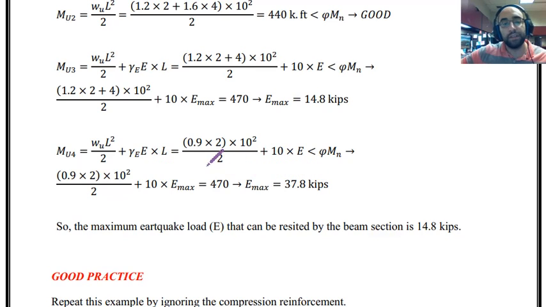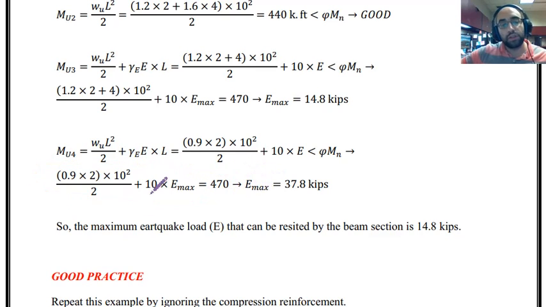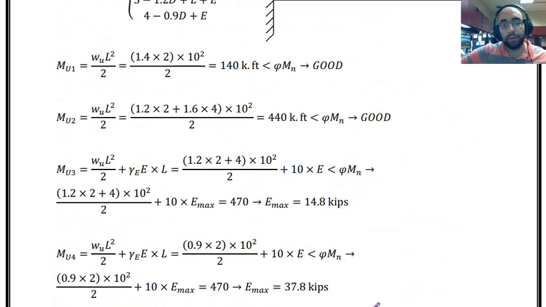And adding these two moments together, this will be the equation, and it should be equal to phi Mn to find the maximum earthquake load. Solving this equation, you can see based on this, maximum earthquake load is equal to 37.8 kips.